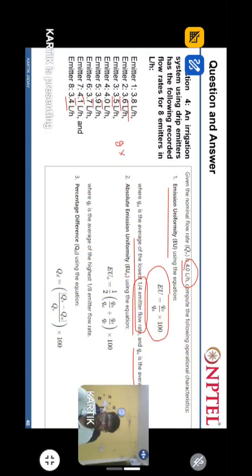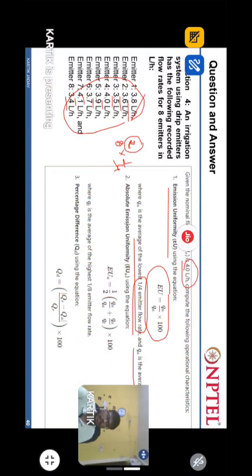And 1/4 of that, we have only 2 here. So average of the lower 2 emitters, right? So we need to identify the two lowest emitter discharges from this and average them, divided by the average of all, right?